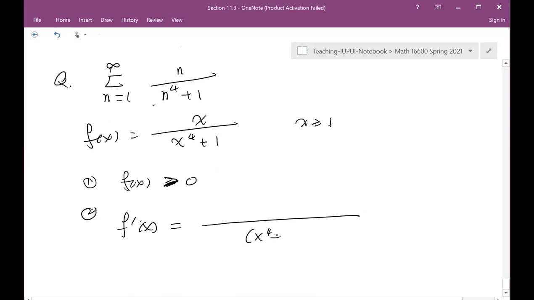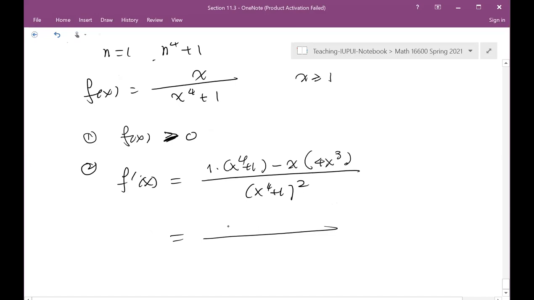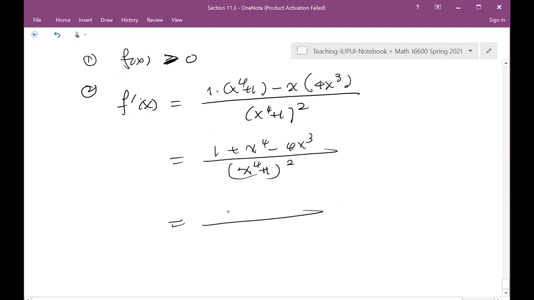And then I get 1 times x to the fourth plus 1, minus x times the derivative, which is 4x cubed. So I get 1 plus x to the fourth minus 4x cubed, all over x to the fourth plus 1 squared.